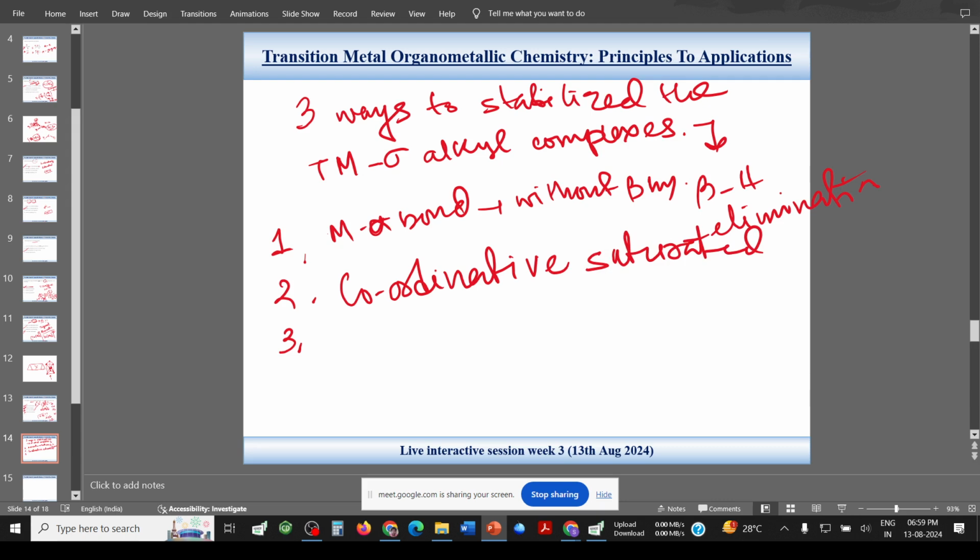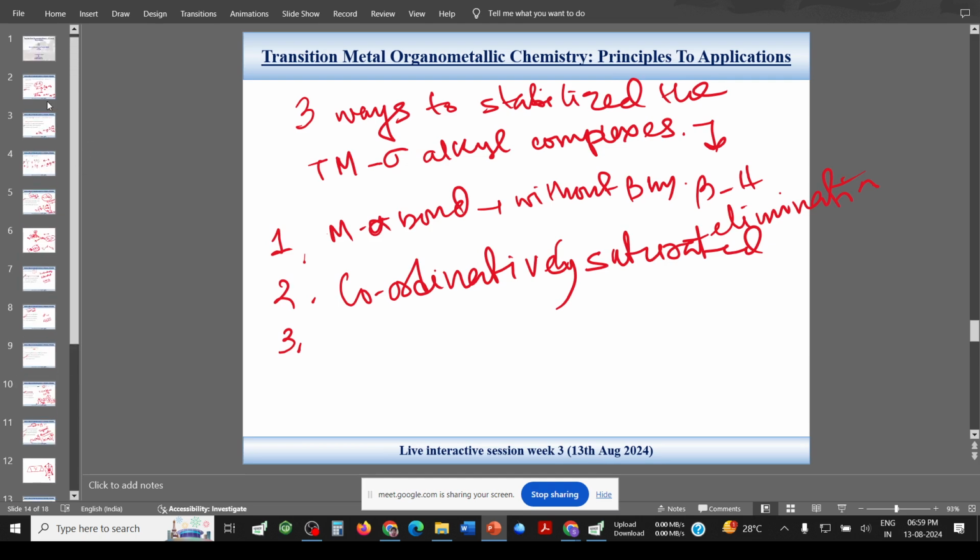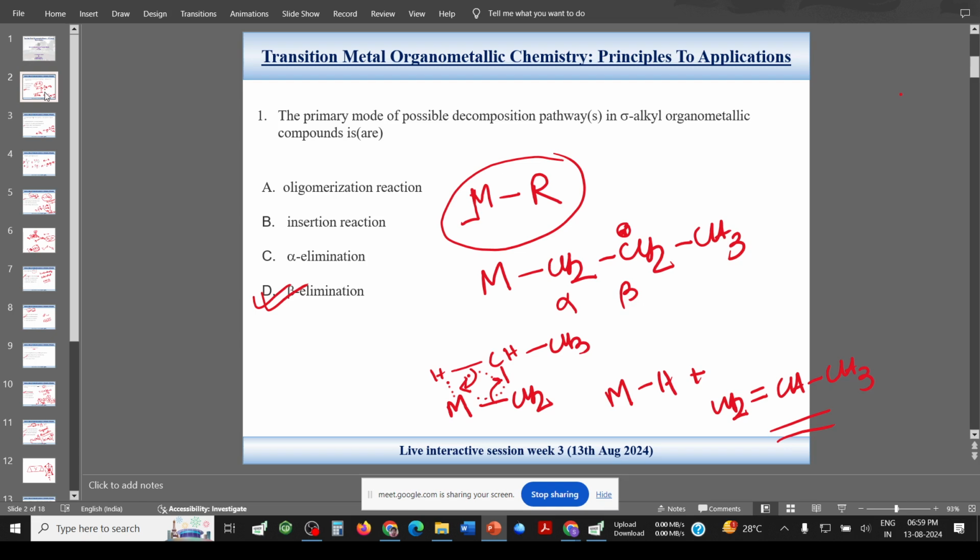If it is saturated, this type of transition state is not possible because the metal cannot increase its coordination number to interact with this beta hydrogen.